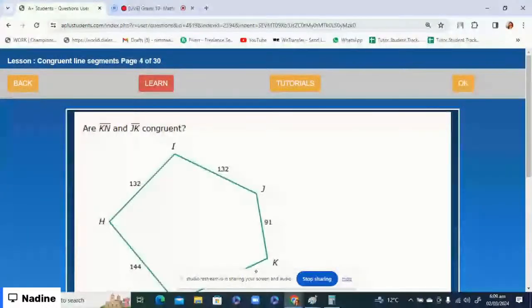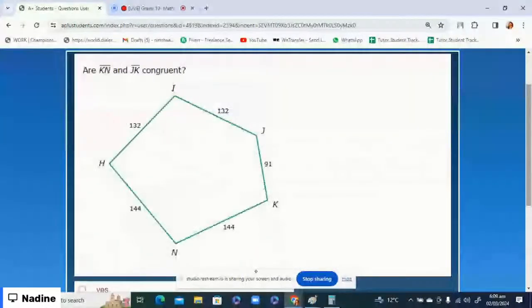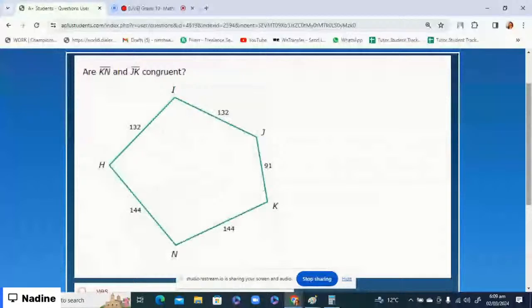Alright. Now let's check this one. Are KN and JK congruent? Where is K and N? Finding it out, N is 144. And where is J and K?